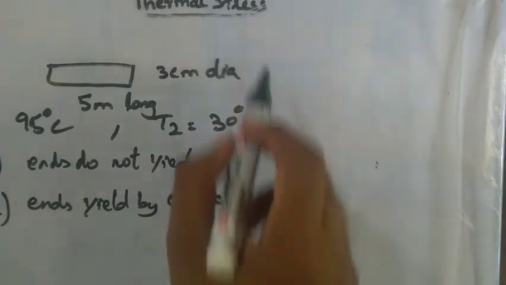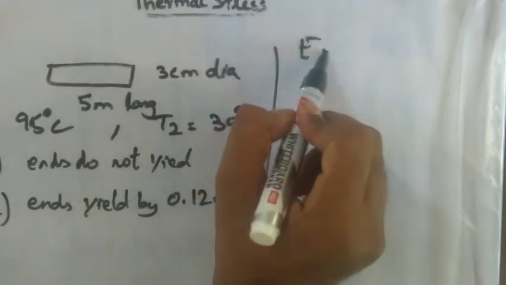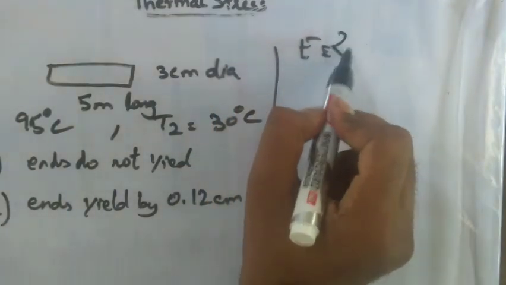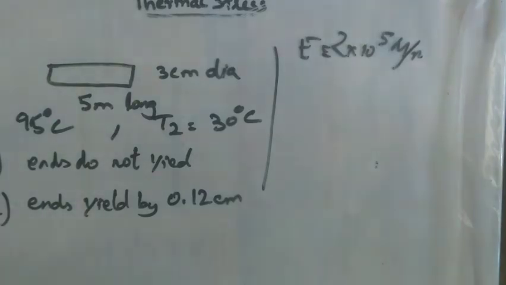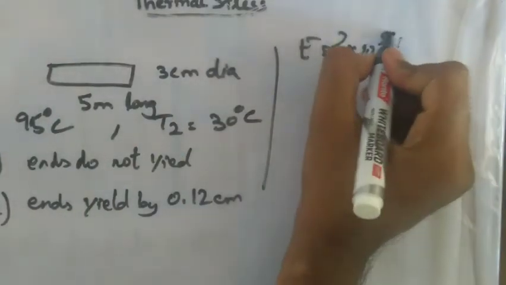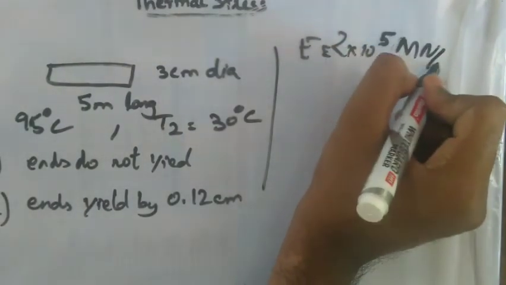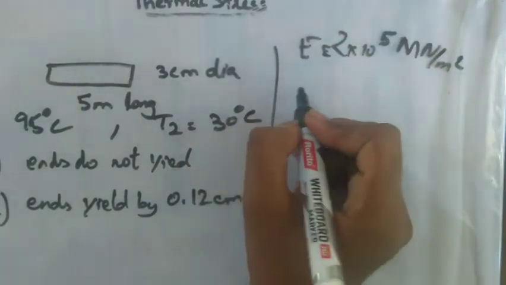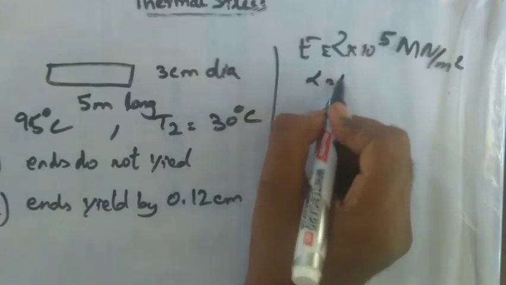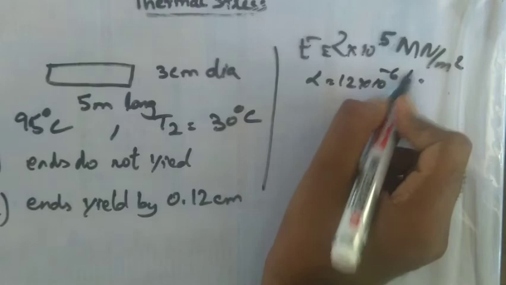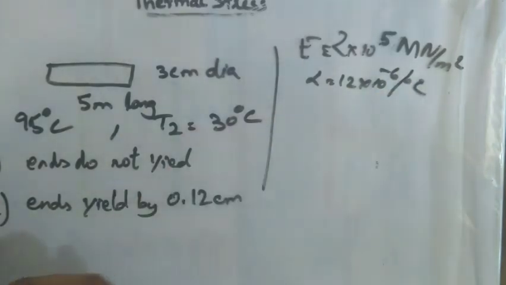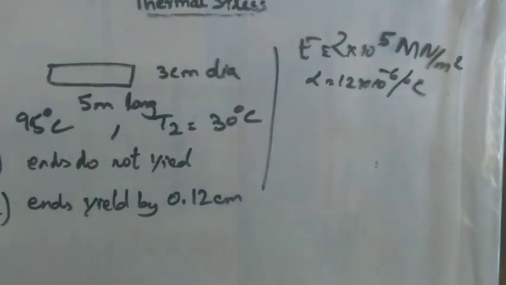Take E, Young's modulus, as 2 into 10 to the power 5 mega Newton per meter square, and alpha is 12 into 10 to the power minus 6 per degree centigrade. You have to find stress and the pull of the rod.